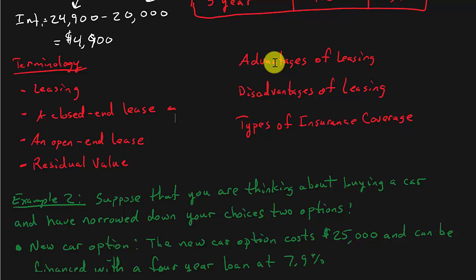Okay, and while leasing the car, you're responsible for keeping it in perfect condition. You're liable for any damage to the car. Leasing doesn't cover maintenance. You'll have to do the maintenance, and there are penalties for ending the lease early.